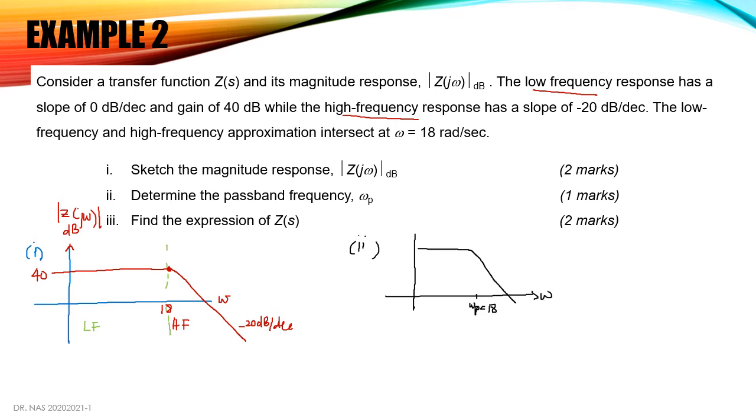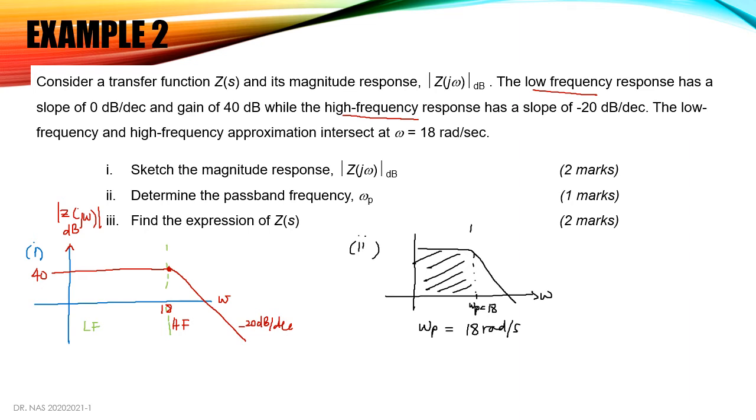The passband frequency is the area where the signal will be filtered in. The rest will be filtered out. So in this case, omega p, the passband frequency, equals 18 radian per second. This is the maximum frequency that will be allowable or accepted in the system.